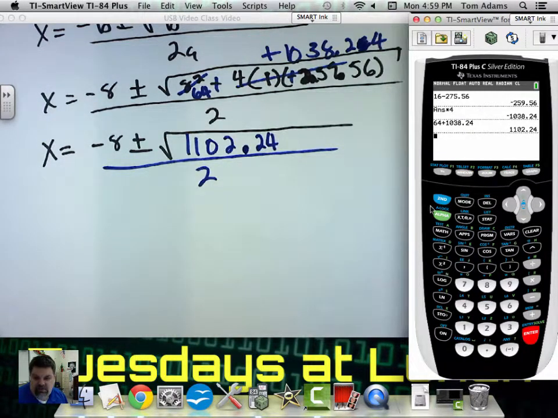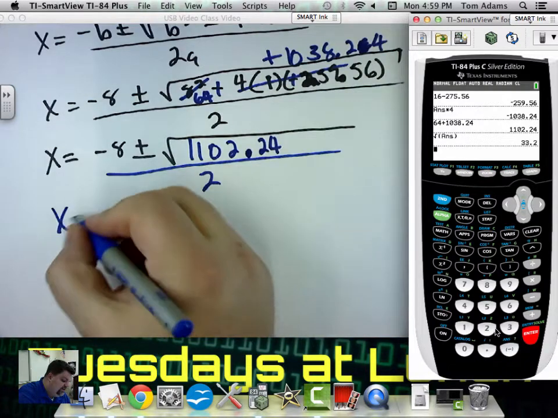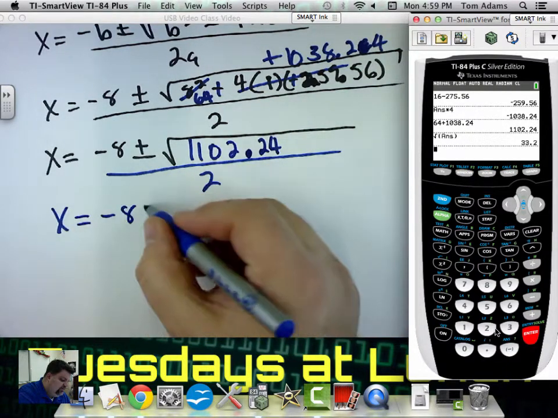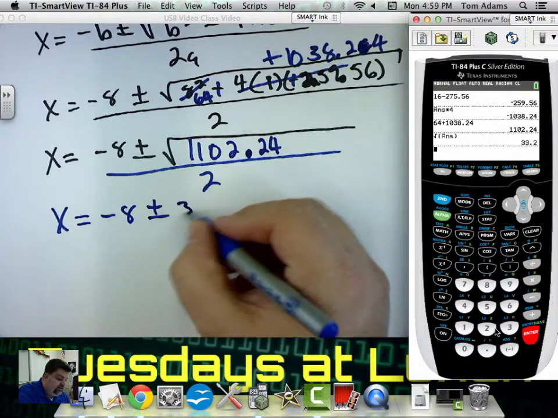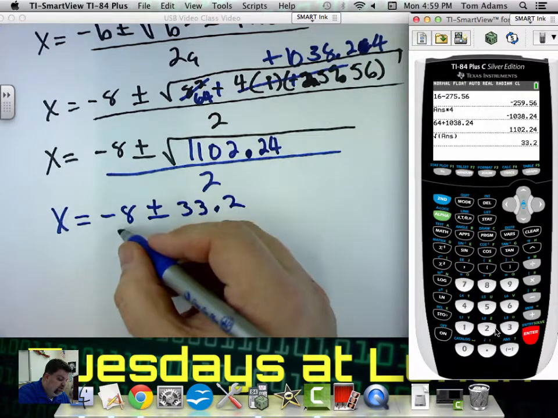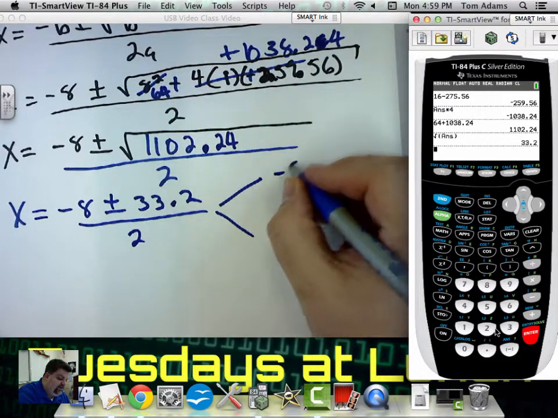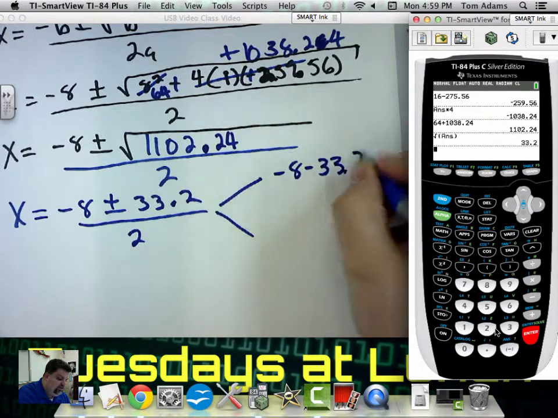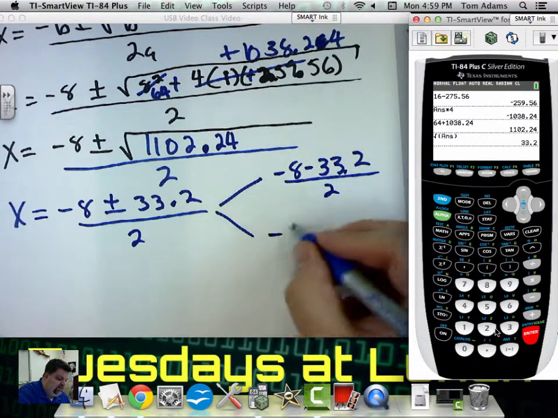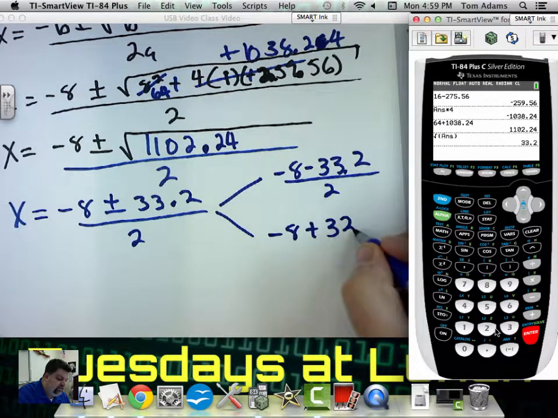Well, let's take the square root of that. And I get 33.2. So I got x is equal to negative 8 plus or minus 33.2 divided by 2. Now if I separate this, I've got negative 8 minus 33.2 divided by 2, and negative 8 plus 33.2, all divided by 2.